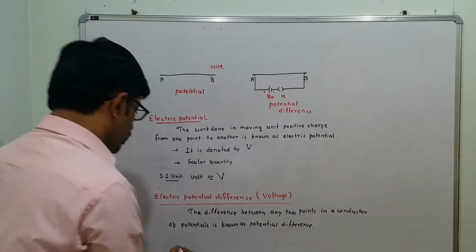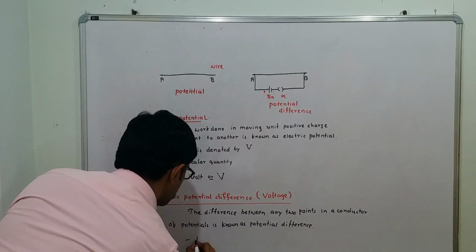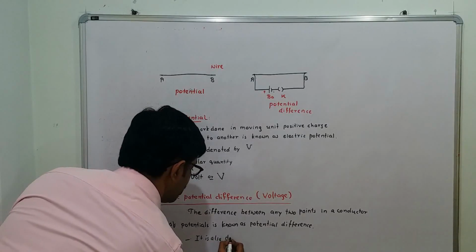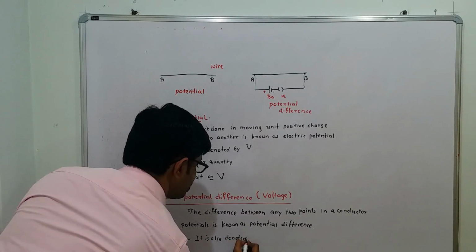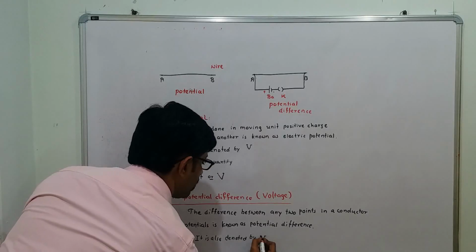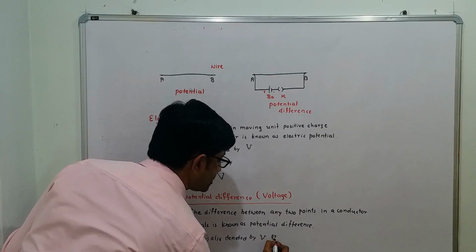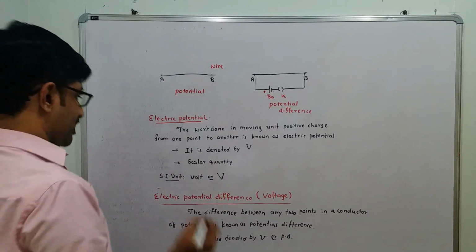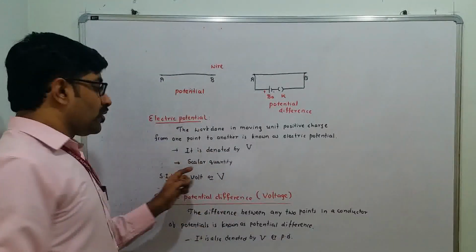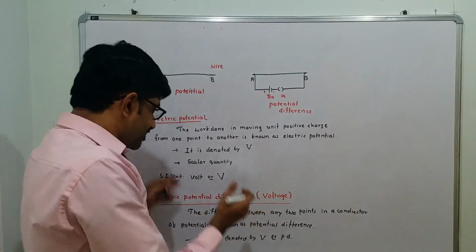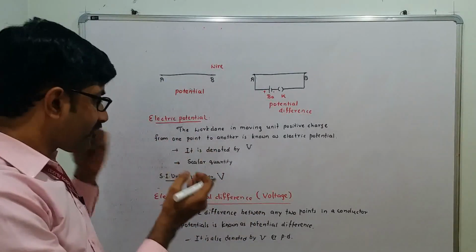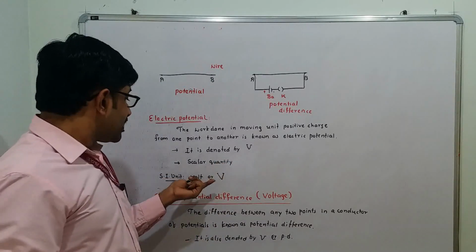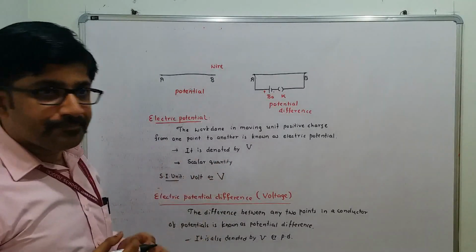It is also denoted by the symbol V, or sometimes it is written as PD, a shortened form of potential difference. And remember, it is also a scalar quantity because it is a difference between the potentials, and the SI unit remains the same.